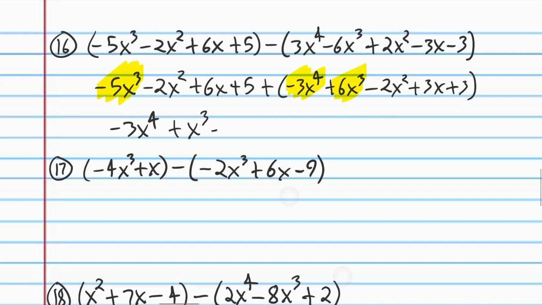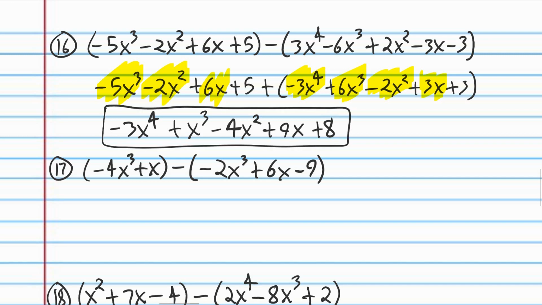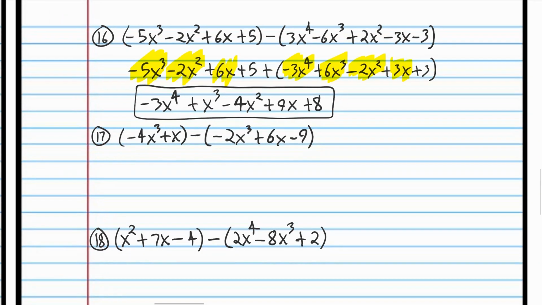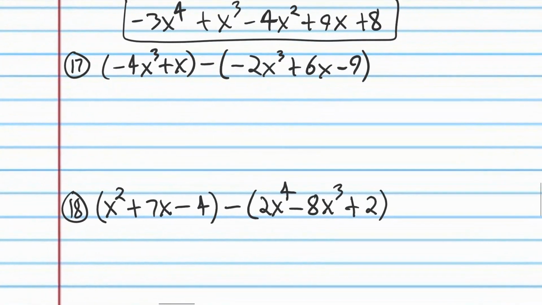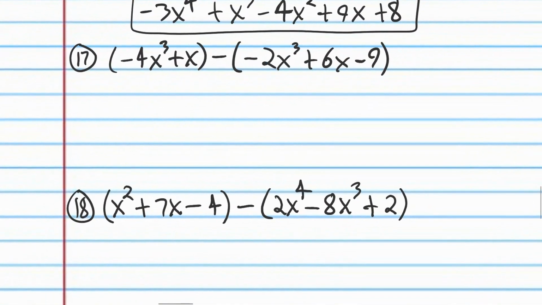Add the squared terms, you can get negative 4x squared. And 3x plus 6x is 9x. And 5 plus 3 is 8. So if you got that polynomial, good job. All right, so try number 17, and when you come back, we'll do it together.